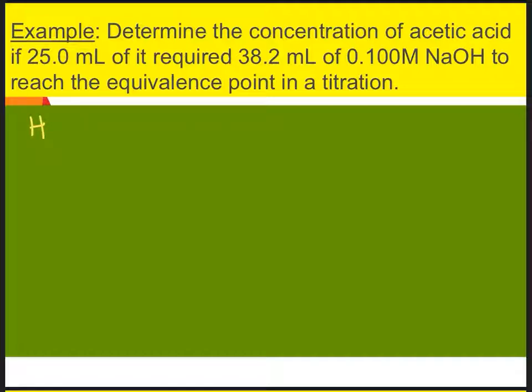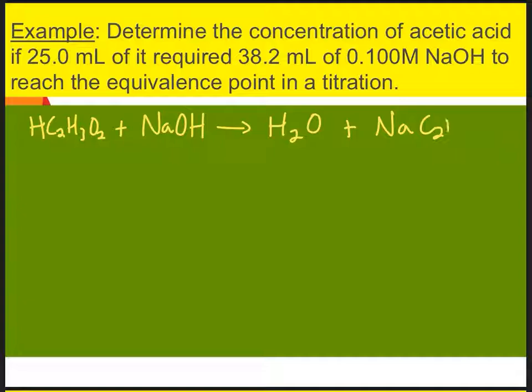We have acetic acid, which is HC2H3O2, and we are going to add it with sodium hydroxide, and we form water, and acetate has a -1 charge, and sodium has a +1 charge, so it will be Na(C2H3O2), sodium acetate. And if we remember the solutions that I had heated up and I dropped a crystal in when we were talking about solubility rules, that was sodium acetate.